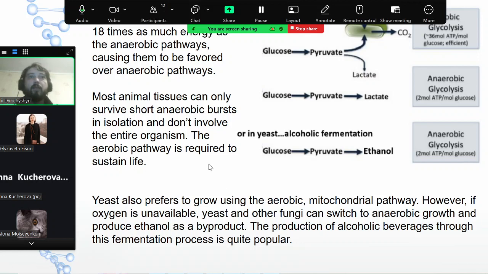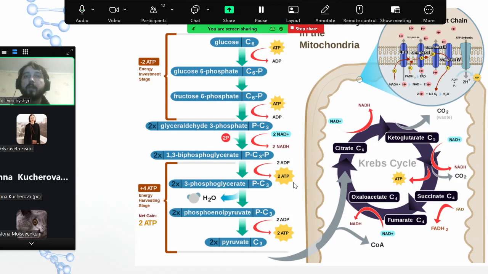So if you have ever made some wine or moonshine on your own, you probably used this ability, and you covered the volume where you keep the yeast and everything inside, just not to let oxygen get in and do aerobic oxidation.